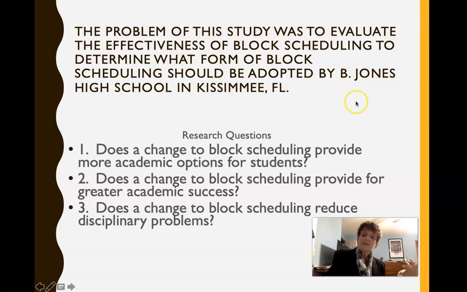So here are some questions that we could come up with. Does a change provide more academic options? That's one of my questions. Does a change provide greater success academically? Does a change reduce disciplinary problems?